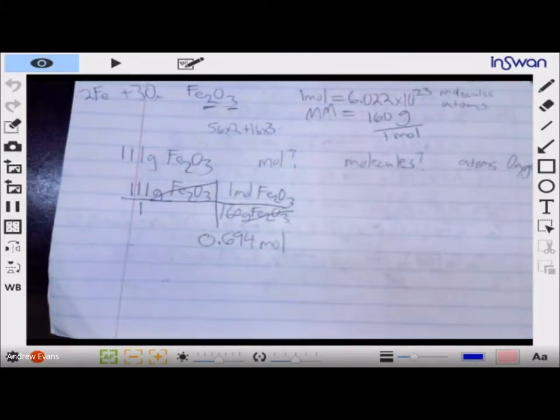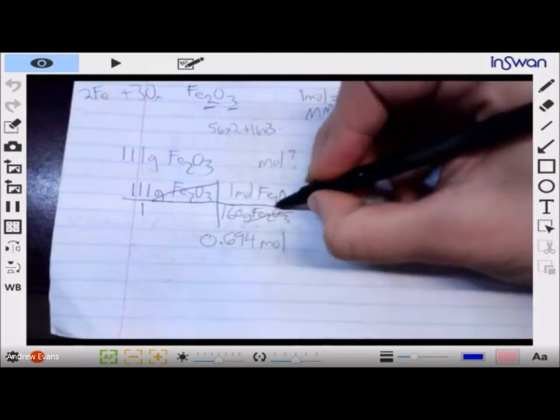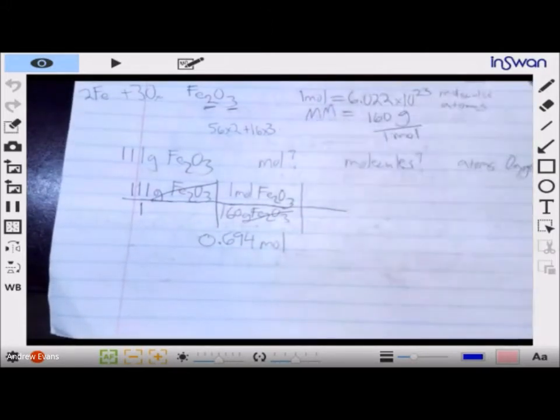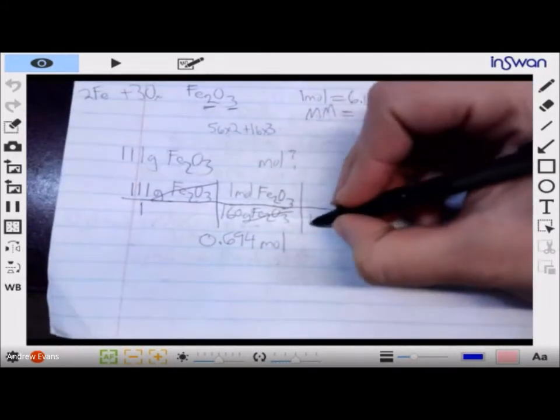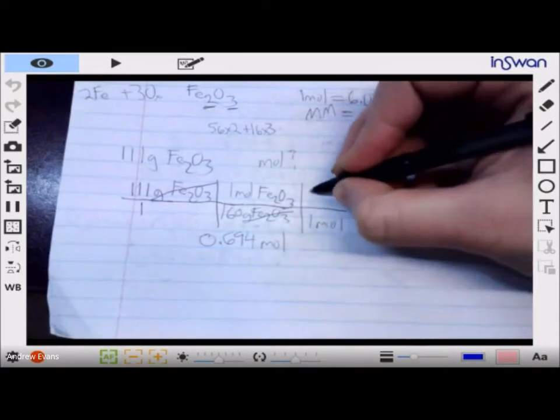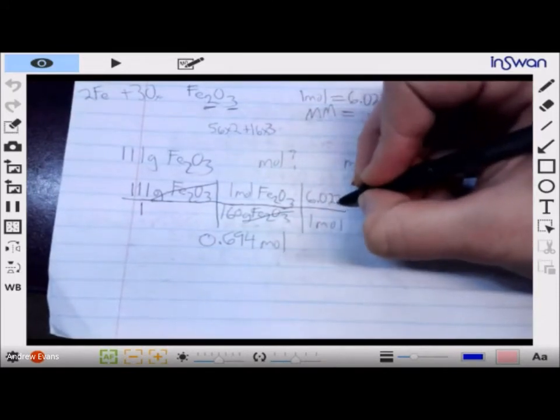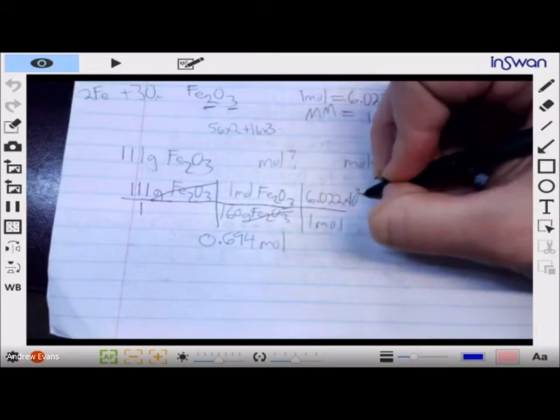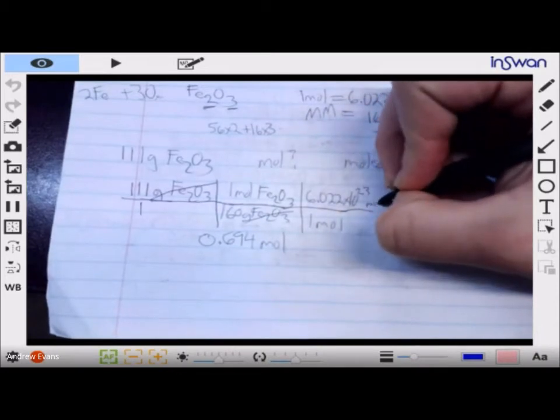Now the question, how many molecules? Well, we could keep expanding on this. 1 mole is equal to 6.022 times 10 to the 23rd molecules.